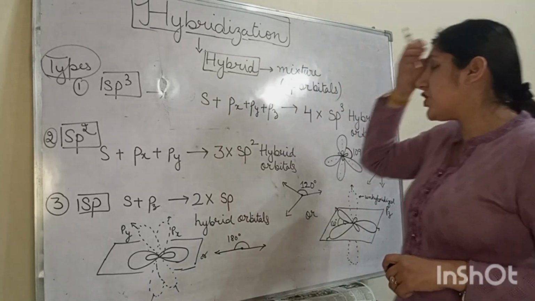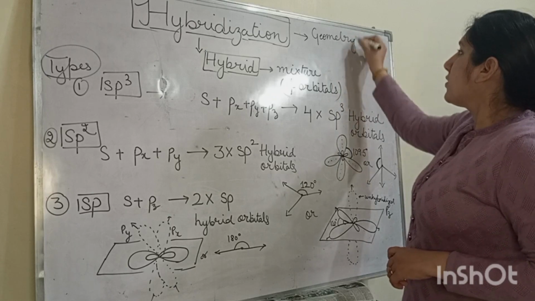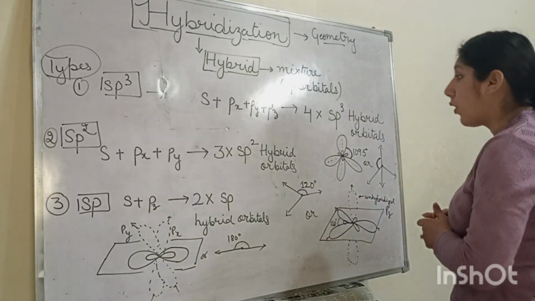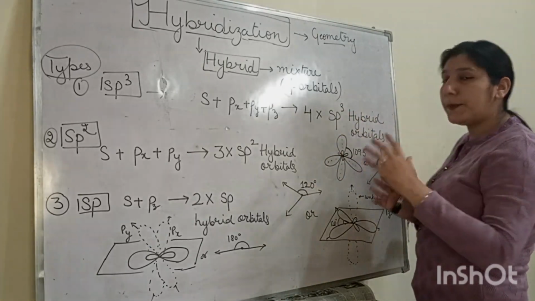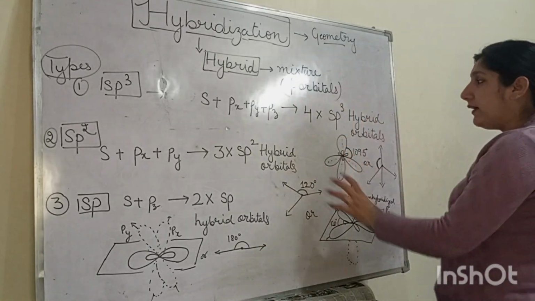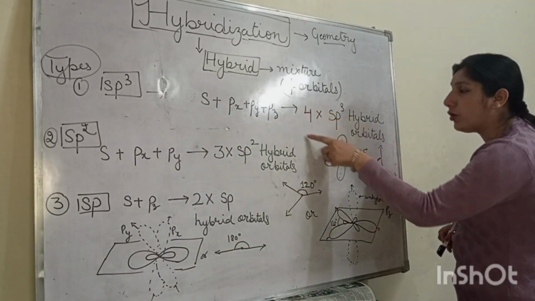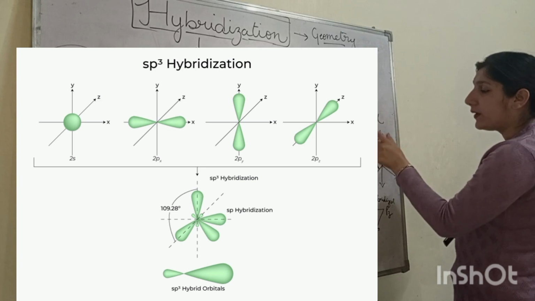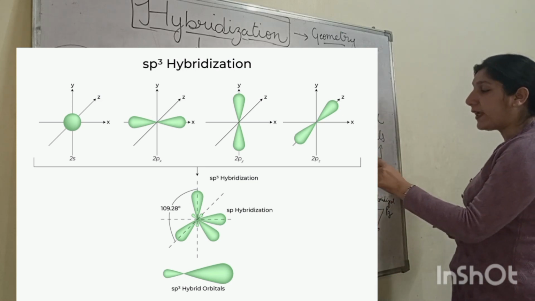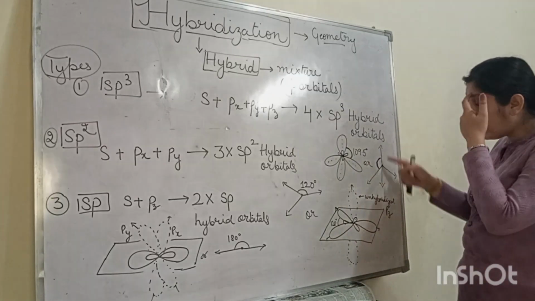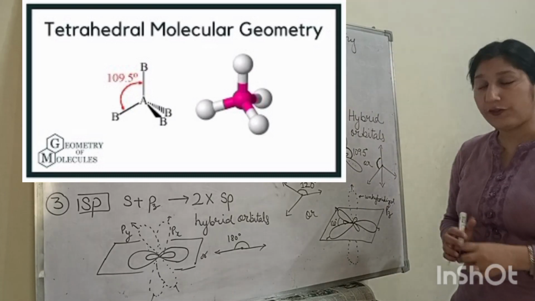Now, hybridization tells us about the geometry of the compound, because the new hybrid orbitals that are formed are aligned in a particular direction. They are directional orbitals. Now in sp3 hybridization, the four new sp3 hybrid orbitals that are formed are aligned at 109.5 degree angle, and they form the tetrahedron structure, or you can say tetrahedron geometry.